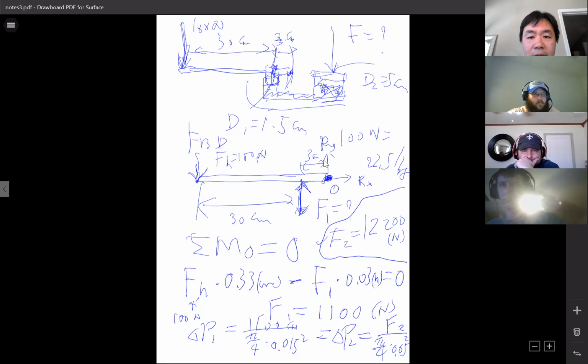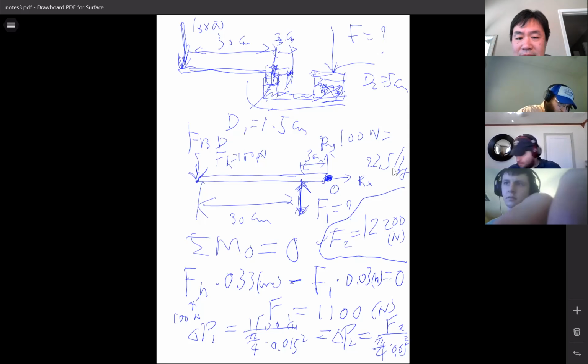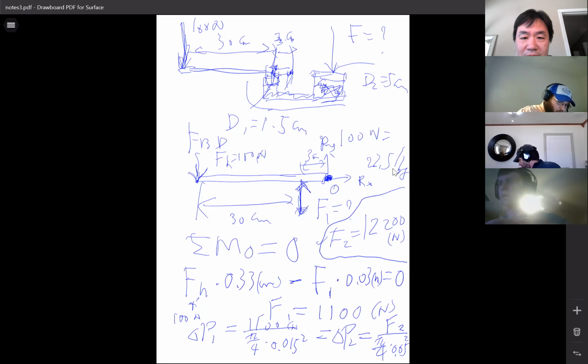Now, Pascal's law. What is Pascal's law? Do you remember? That's one of the project contents, so you need to know. Anybody? I'm showing you this example on the screen. The writing is not too clear, but I hope you have your own notes.